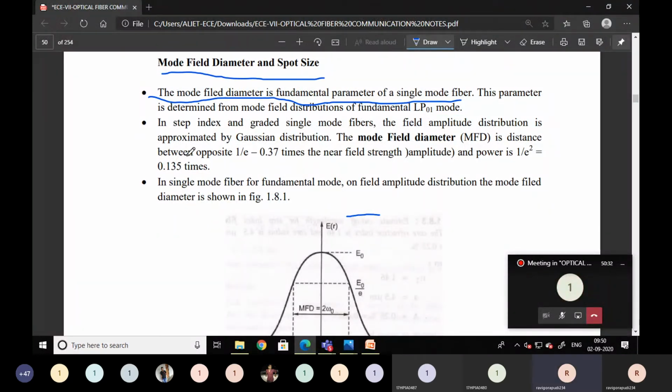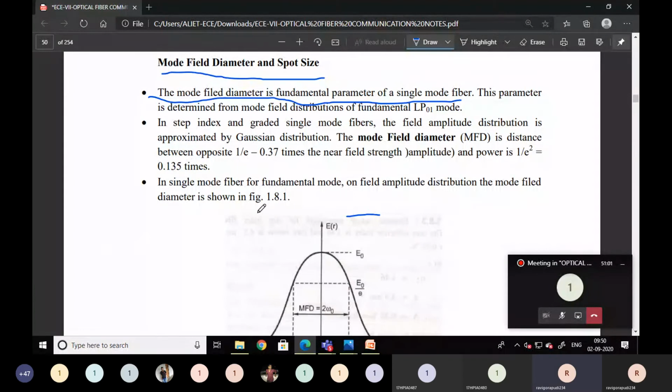Next point. In step index and graded index single mode fibers, the field amplitude distribution is approximated by Gaussian distribution.